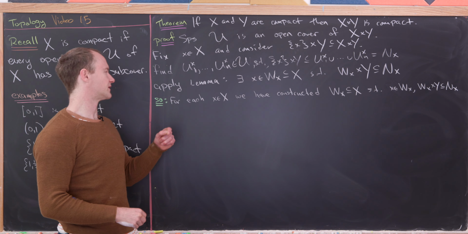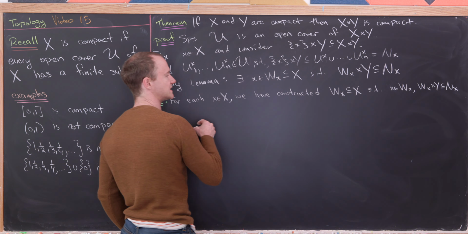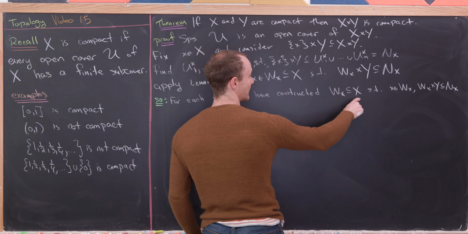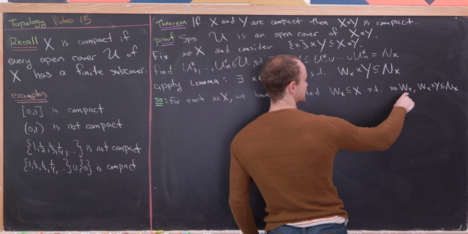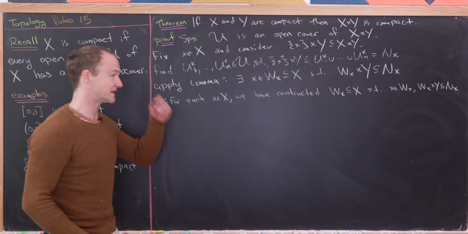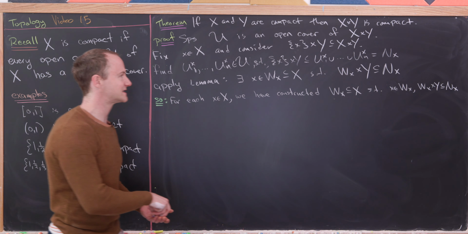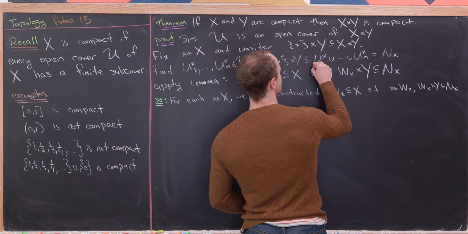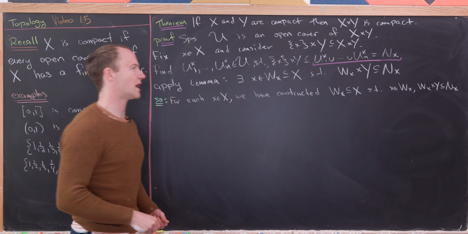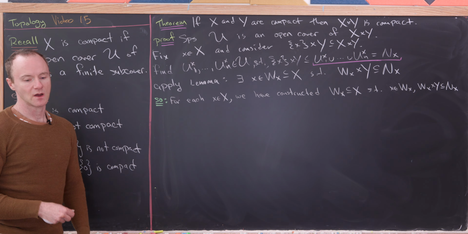So for each x in X, we've constructed this open set W sub x of X, where little x is in W sub x, and W sub x cross Y is a subset of N sub x. Furthermore, this N sub x was this union right here, U1^x unioned all the way up to UN^x.